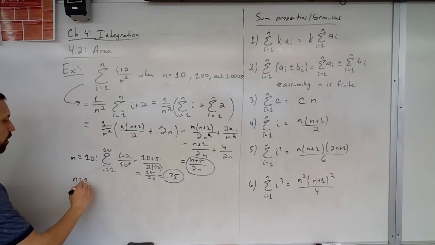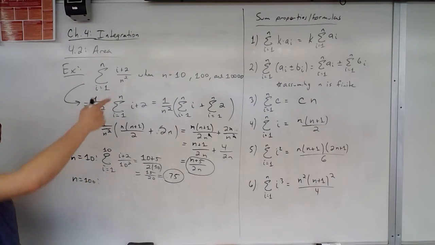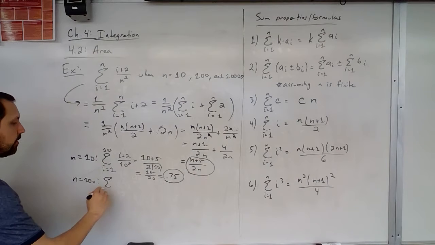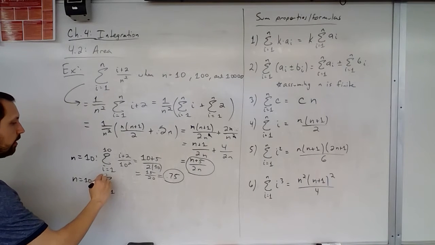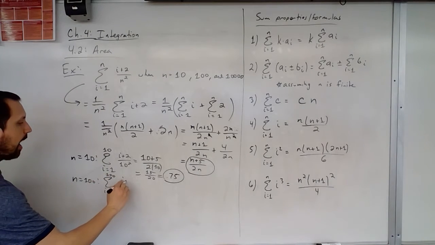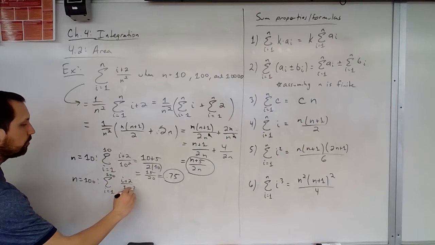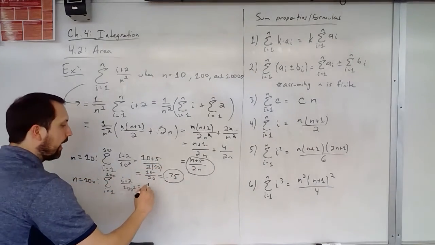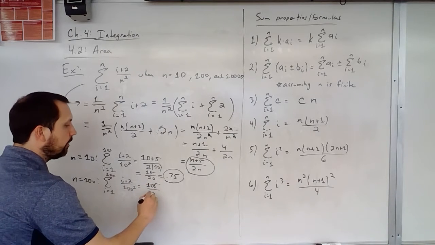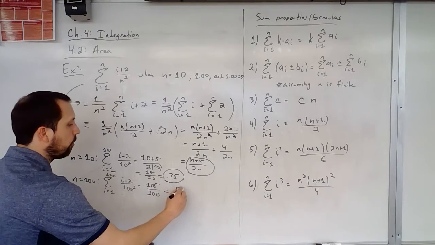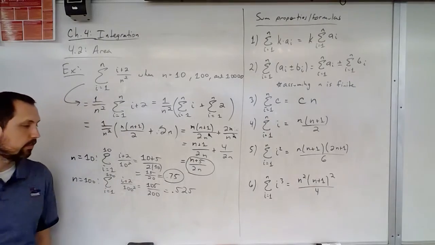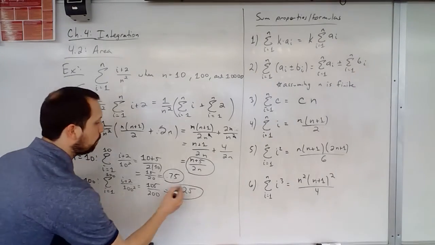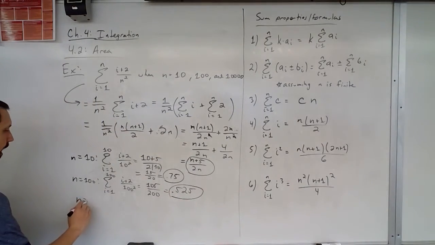For n equals 100, if I try the next one, I have the sum from i equals 1 to 100 of i plus 2 divided by 100 squared. Plugging n equals 100 into this formula, I get 105 divided by 200. In other words, this is going to be 0.525. And then I could plug in n equals 10,000.